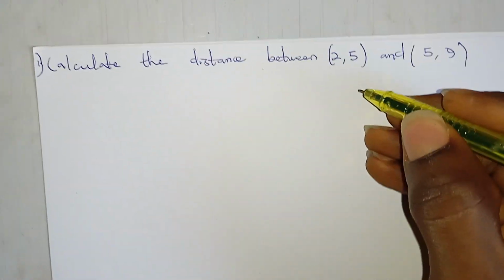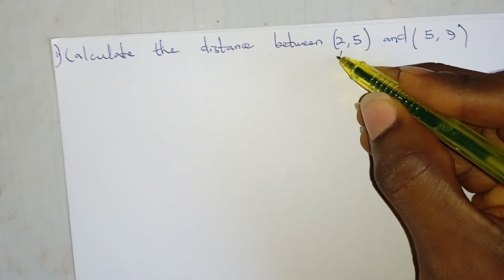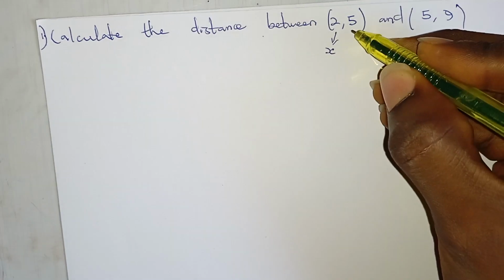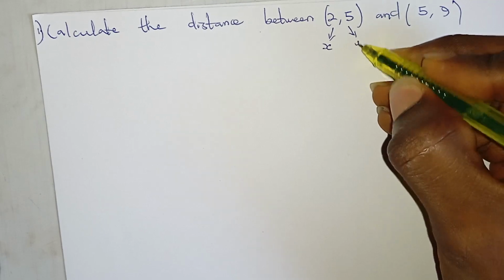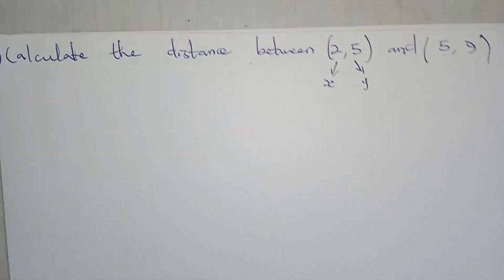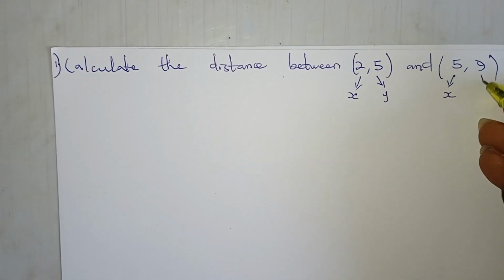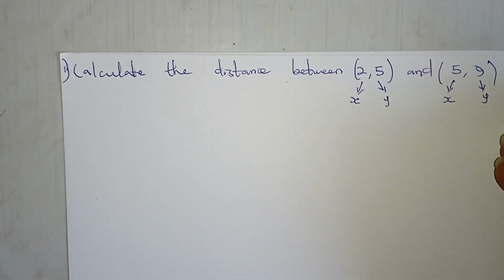Whenever you see this type of question in physics, know that the first one is talking about x. The second one tells you about y. Now, this means x. This means y.